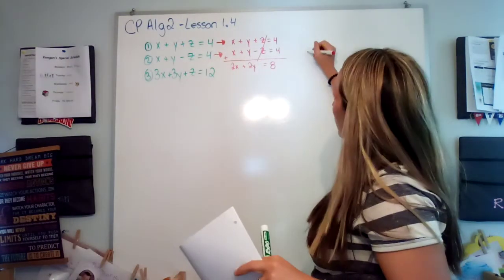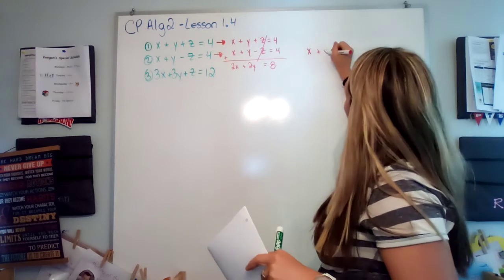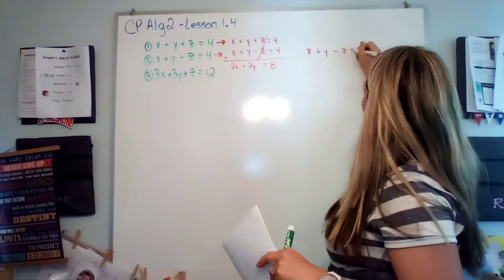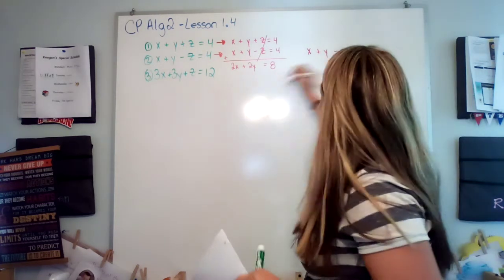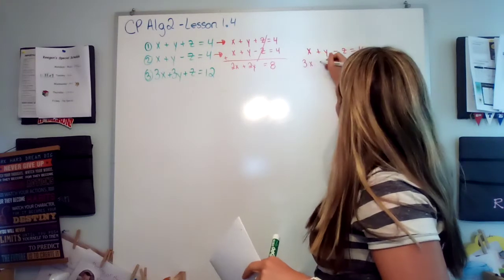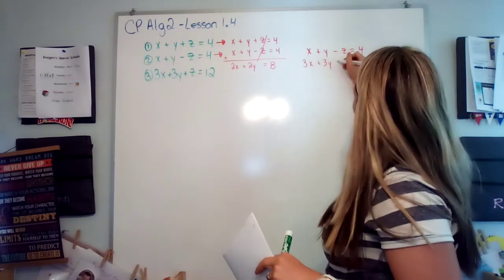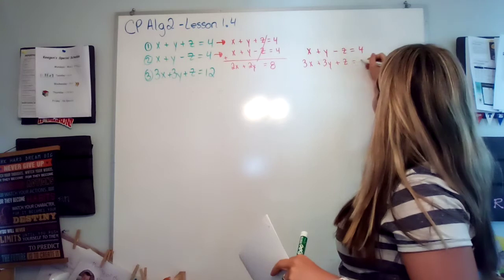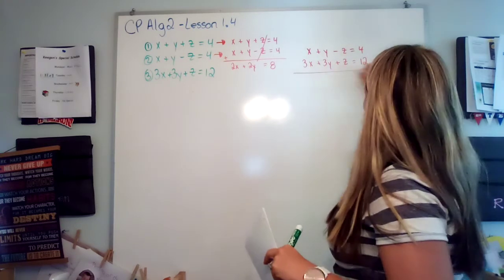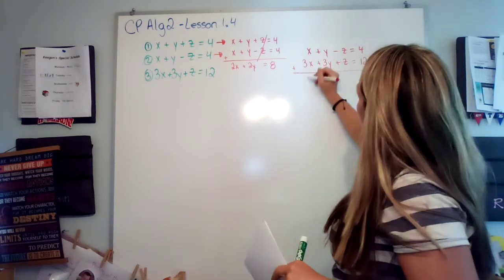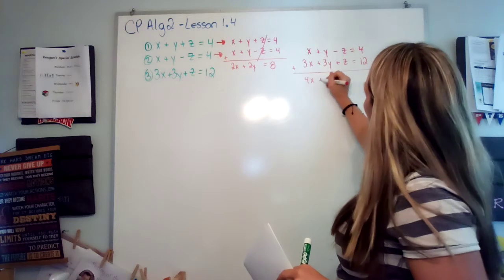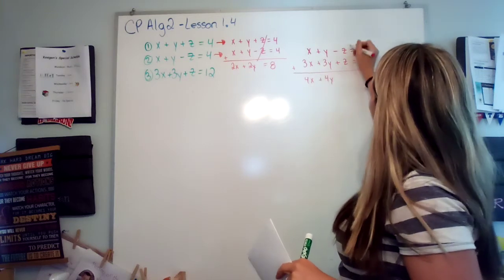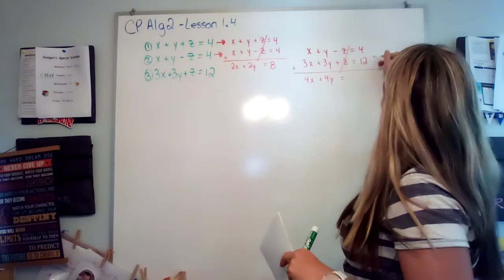I'm just going to copy equation 2: x plus y minus z equals 4. Equation 3 is 3x plus 3y plus z equals 12. I'm going to add them together to get 4x plus 4y, the z's are eliminated, equals 16.